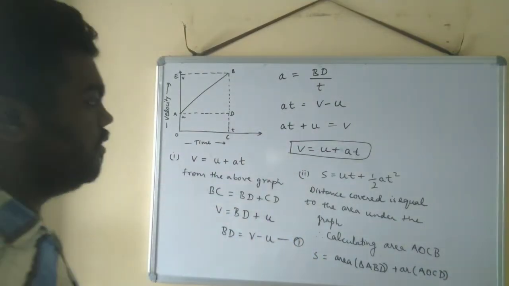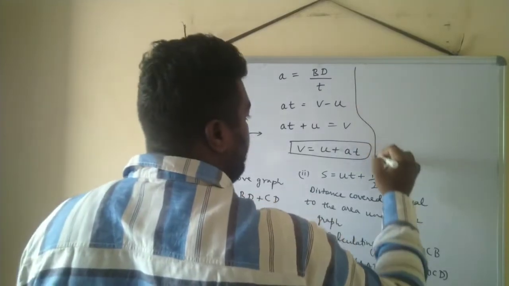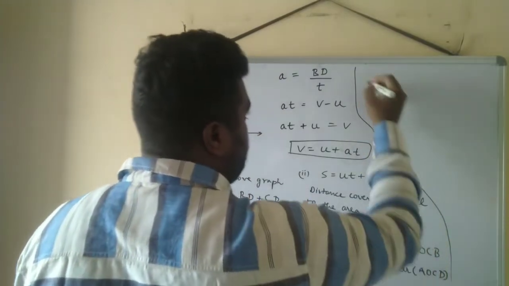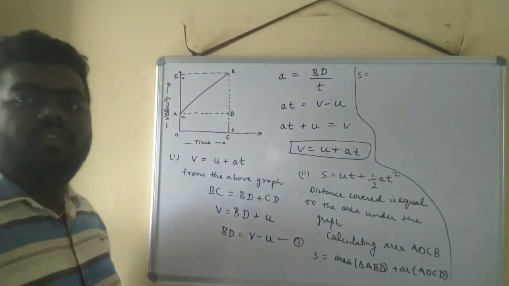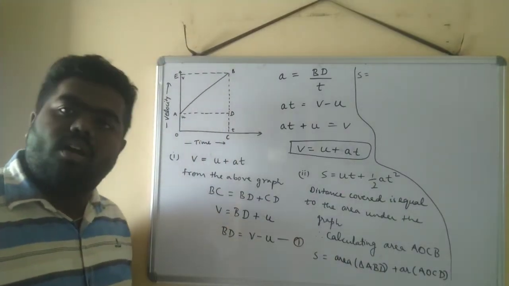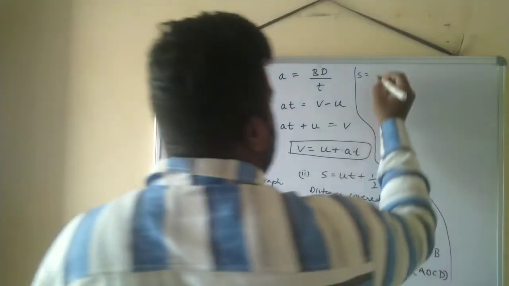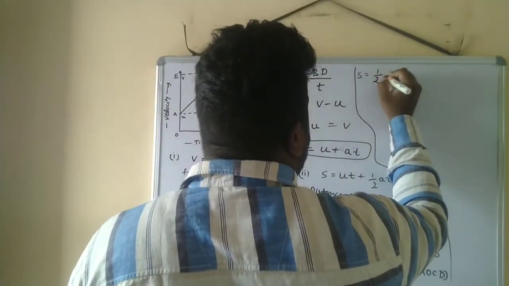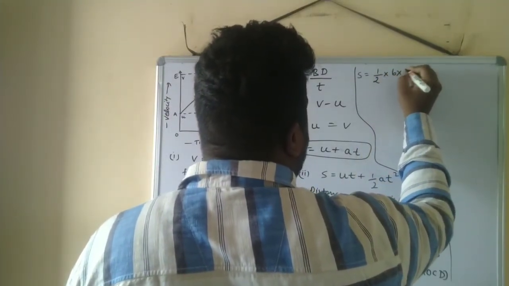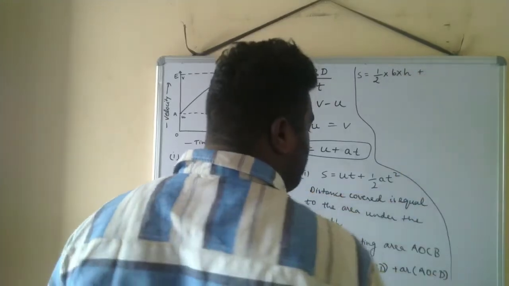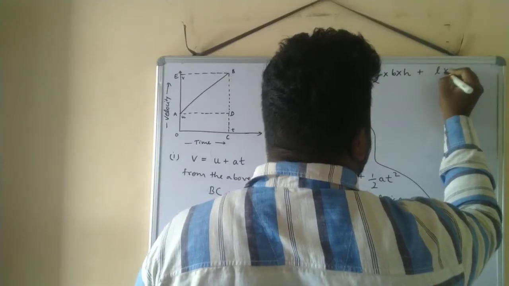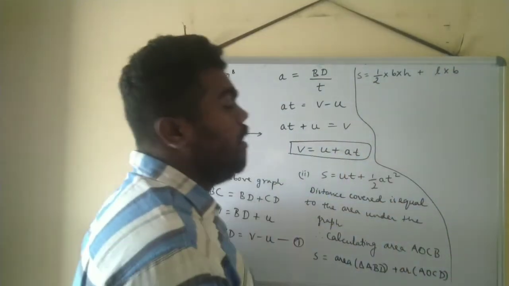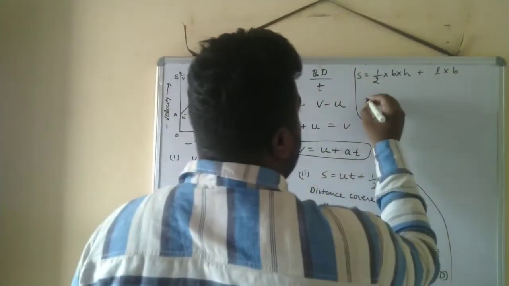Okay, now we will calculate the area. S is equal to area of triangle. Area of triangle formula: half into base into height, plus area of rectangle AOCB, L into B, length into width. So now we are substituting the values.